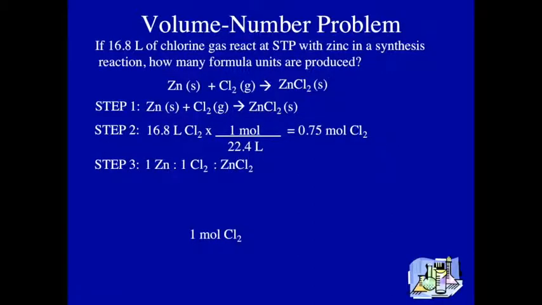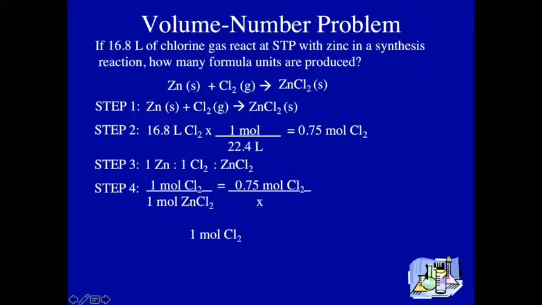From there, I find my mole ratio, which is nice, 1 to 1 to 1. If I want to just do the process like I always do, I have my mole ratio here, 1 to 1. I have the moles that I have, keeping them at the top, keeping them consistent, and the moles I need to find, which means a 1 to 1 ratio.